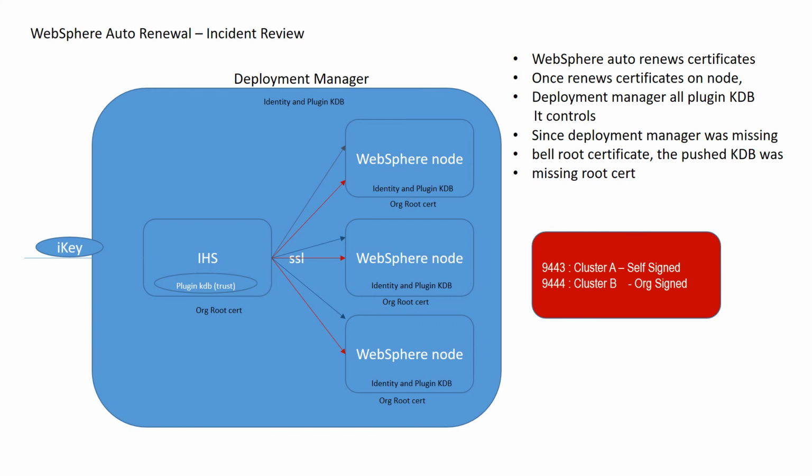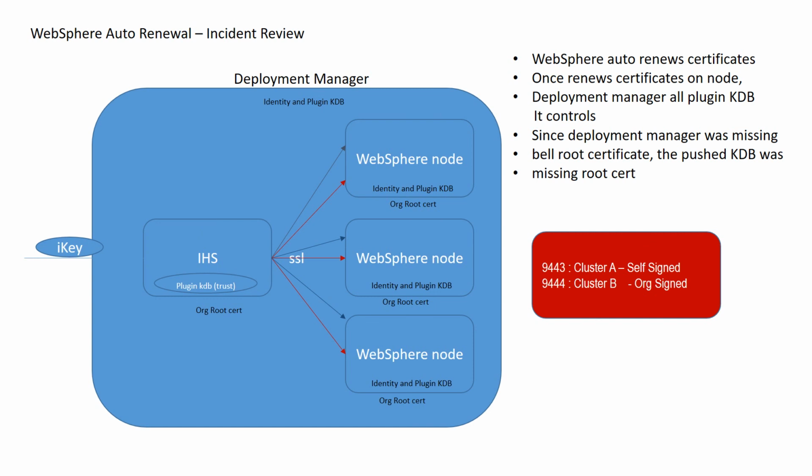And it pushed that KDB file to all the nodes and the IHS that it manages. What happened in this situation was that for the organization signed certificates, the root certificate of the organization was missing in the deployment manager's KDB.